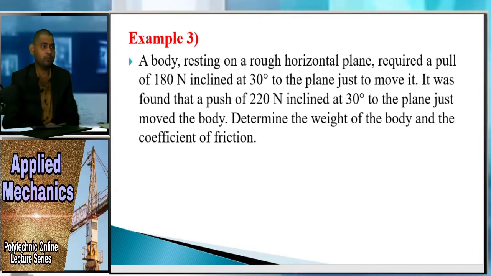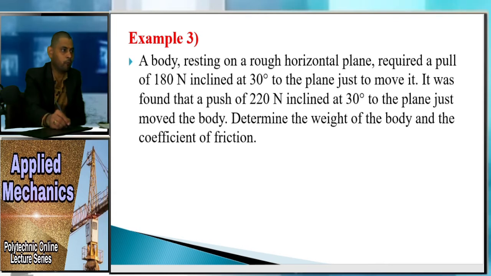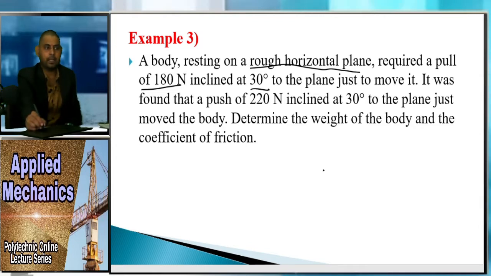So now you can see here a body resting on a rough horizontal plane. We have given a pull force of 180 Newton, inclined at 30 degrees to the plane, just to move it.